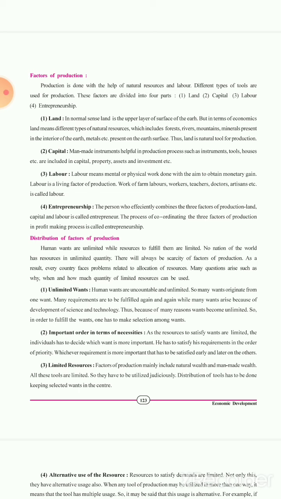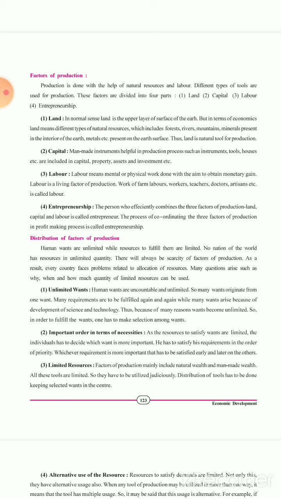Capital. Man-made instruments helpful in production process, such as instruments, tools, houses, etc., are included in capital. Property, assets, and investment, etc. In simple words, we mean money by capital.